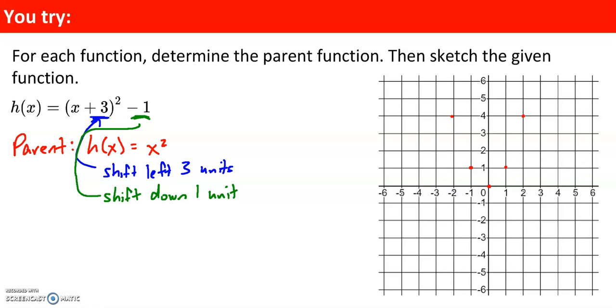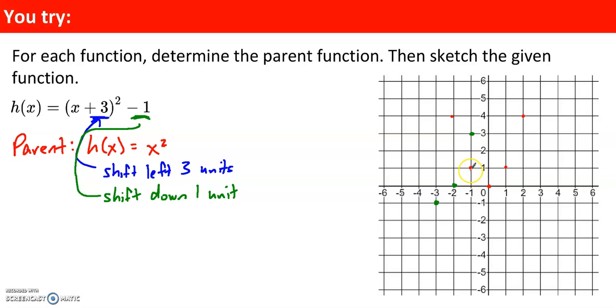And now let's think about taking each of those key points through our sequence of transformations. If I take the point at 0, 0 and shift it left 3, 1, 2, 3, and then down 1, the point should go here. If I take the point at 1, 1, left 3, 2, 3, and down 1, it should be at negative 2, 0. If I take the point from 2, 4, left 1, 2, 3, and down 1, we're at negative 1, 3.